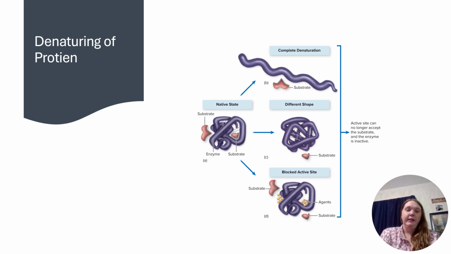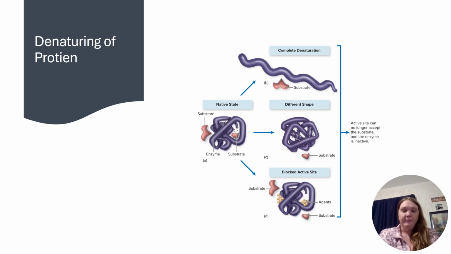So the denaturing of protein occurs when the bonds that maintain the normal three-dimensional configuration, the secondary and tertiary structure of the protein, are broken. Breaking these bonds causes the protein to unfold, and then it creates random and irregular loops like it's shown in here.